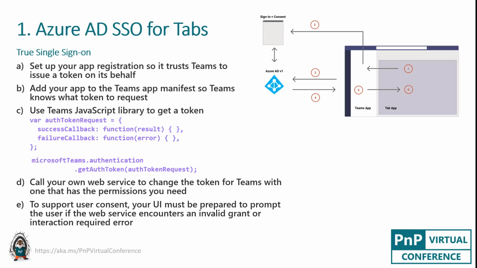So maybe it's the first time the user came and used your app, and you're requesting a permission that they have not previously granted to your app, and the admin hasn't granted to your app. So you actually have to include extra code for that one case that will pop up a consent window from Azure AD. So that's why this is, although it's the smoothest for the user experience, it's actually the most complex, I think, right now from a developer experience.